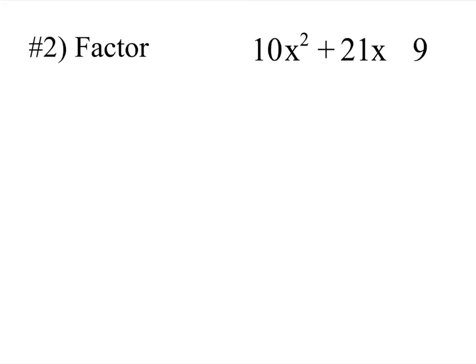Okay, now factoring using right way, wrong way. Remember, your first step is you're going to multiply your first and last term together. So your first and last term would give you 90.